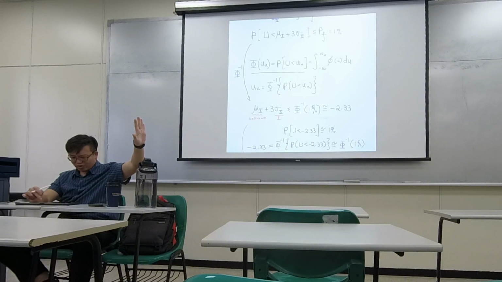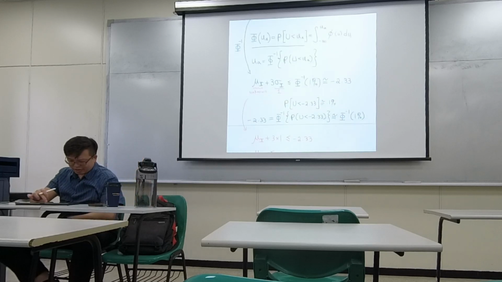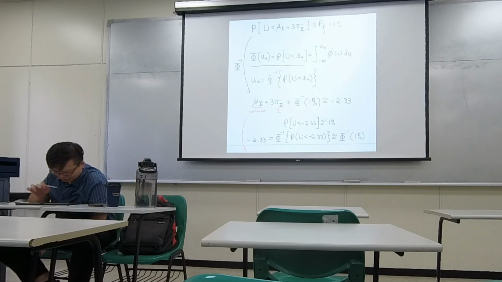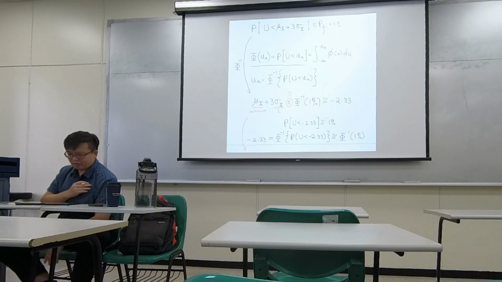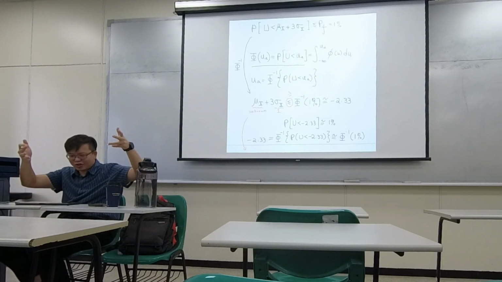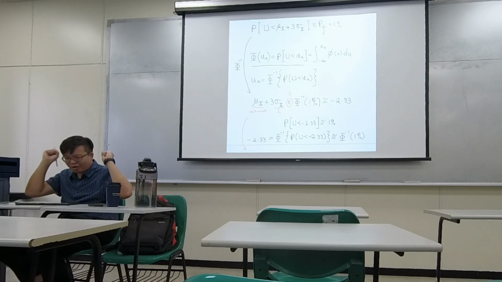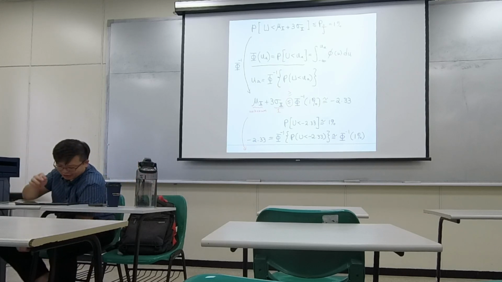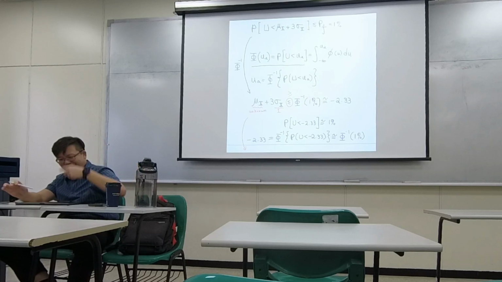So whenever you apply this, which one is a negative value? This one has to be positive, because when you do this conversion, everything is negative. It's like multiplying by a negative value. So this has to be greater than.